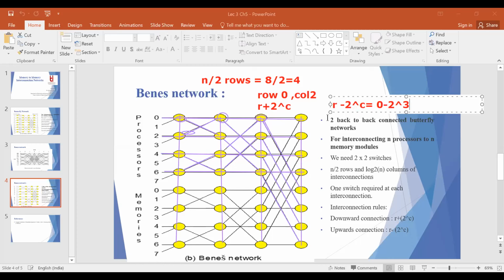So this becomes minus 8, right? And if we talk about right now, yeah, this will not hold. And for row 1, I will tell you its formula next time for the Beans network. This does not hold. It will hold for all other cases, but not for the last one. And that is why we have not used it in the formula.